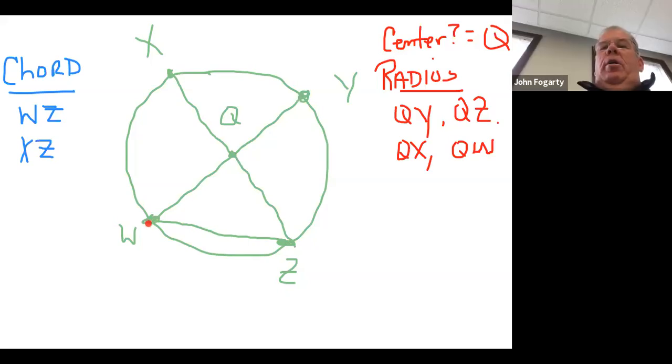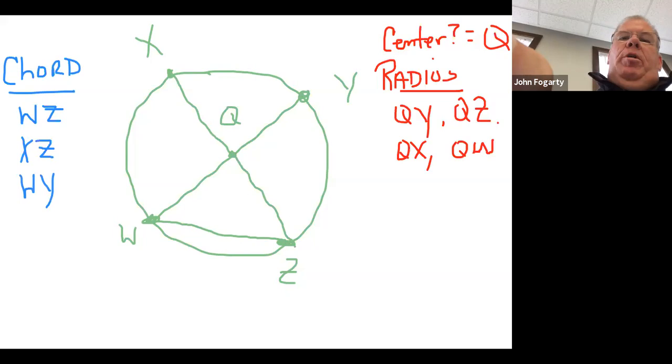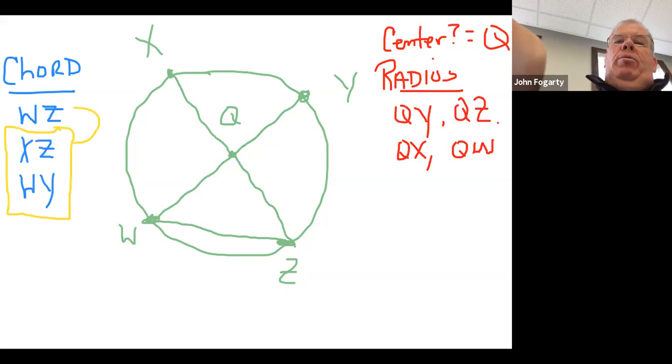YW, very good. Now, what is the difference between XZ and YW and WZ? What's the difference between those chords? These two are the same type of chord. What do you know about those two?